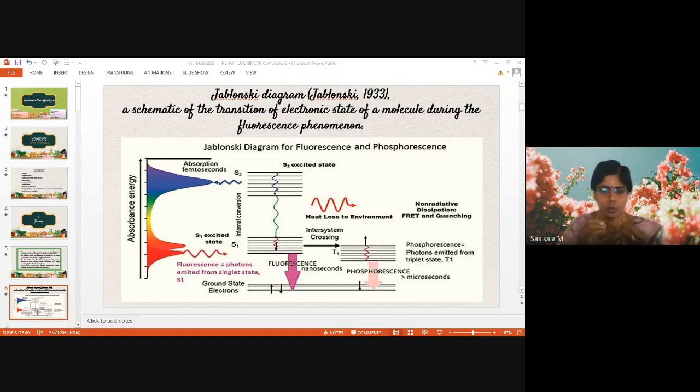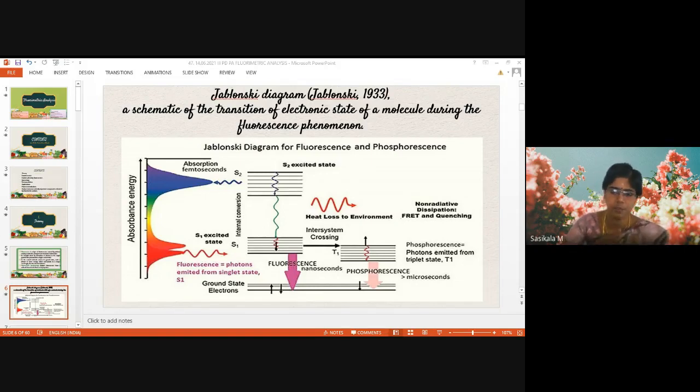Here you might get a doubt, right? In visible spectroscopy we analyze colored solution, but here also it emits in the visible region, so you may think it is a colored solution. No, very diluted colorless solutions are used for fluorimetric analysis. Note this point down: very diluted colorless solutions are analyzed in the fluorimetric method.